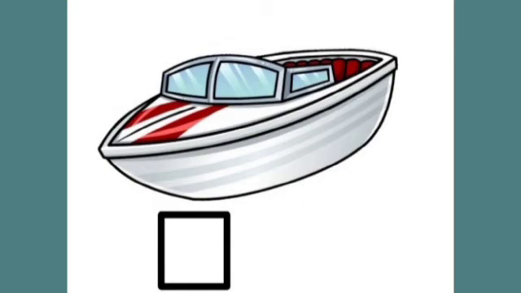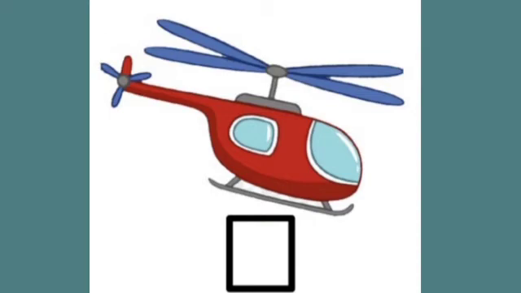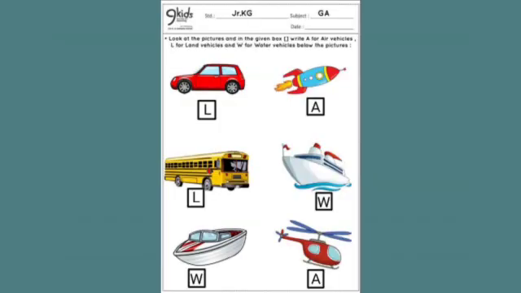So we will write W. Now, last, which picture is this? Helicopter. It is an air vehicle. So we will write A. Our worksheet is complete. Now let's sing one rhyme.